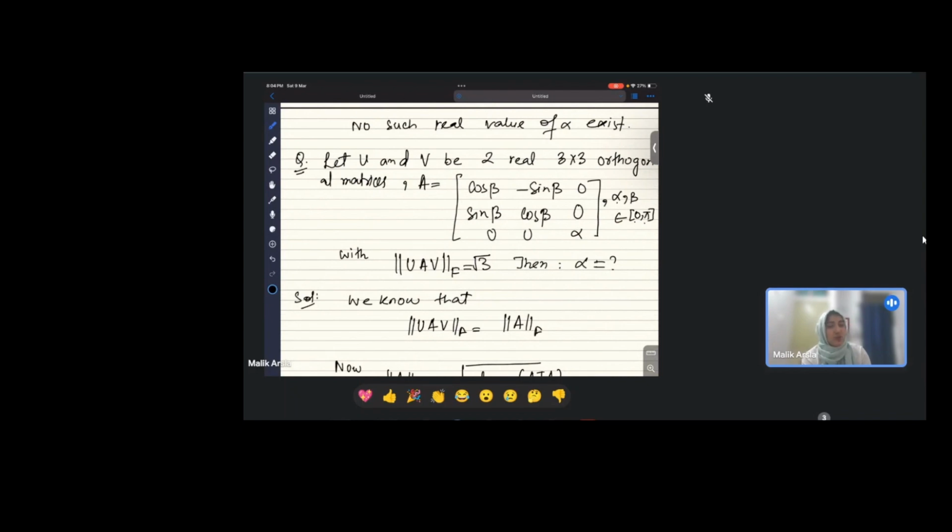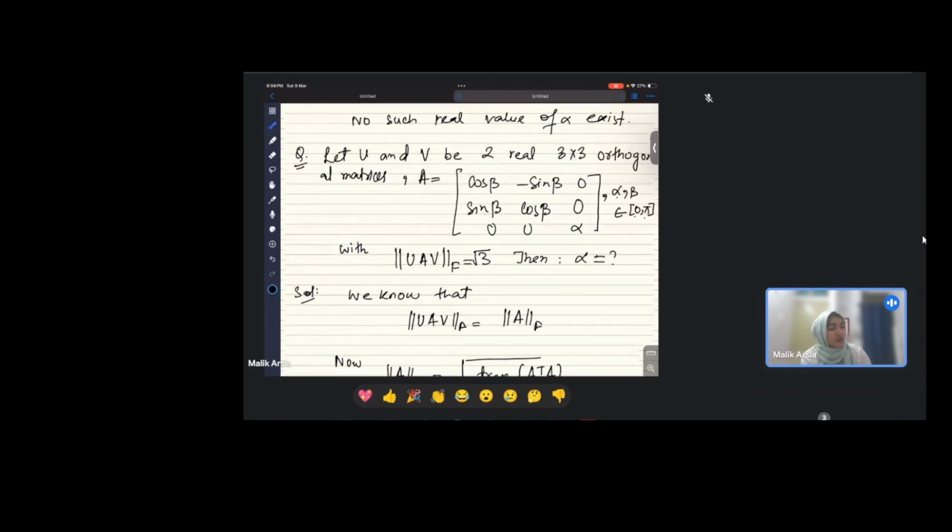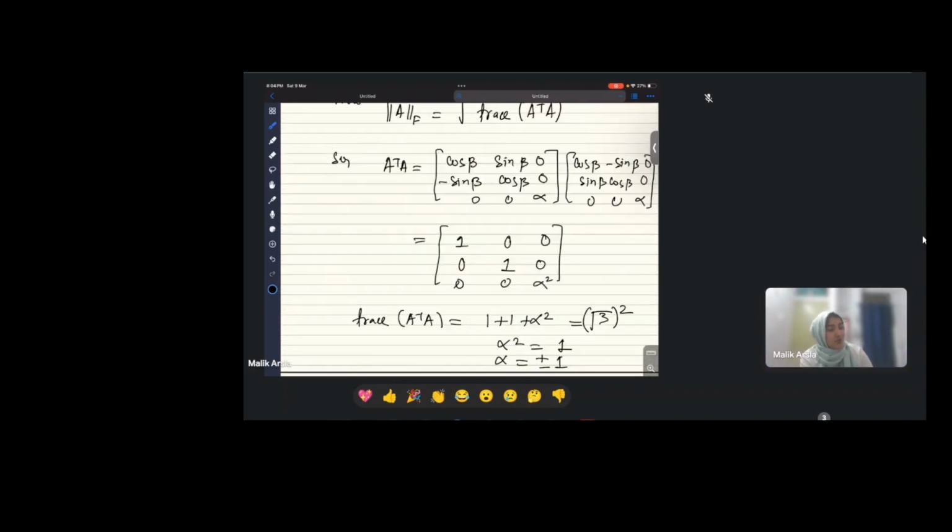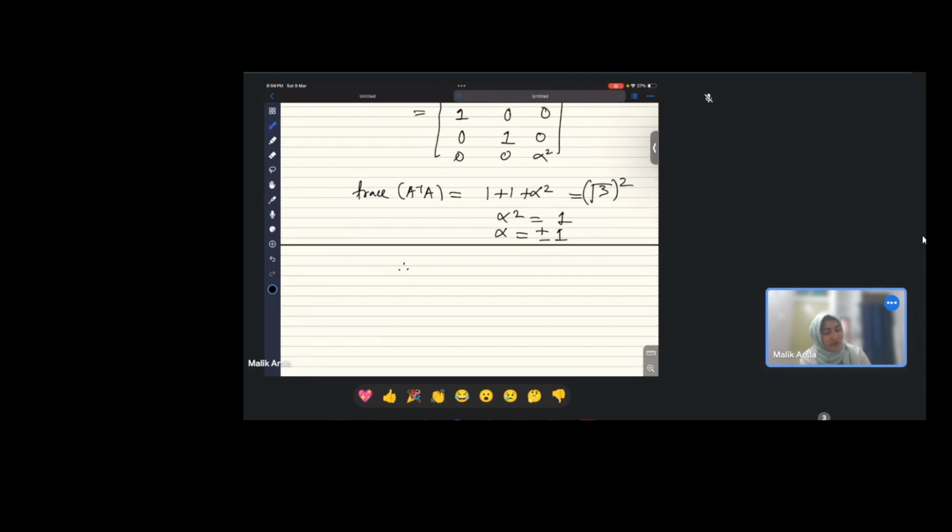This is a very small point, but while solving questions you have to look at it. This was a multiple choice question, and plus minus 1 was also in the options, but that is not correct because the value of alpha should be between 0 and pi. So only 1 will be acceptable. Therefore, alpha is equal to 1.